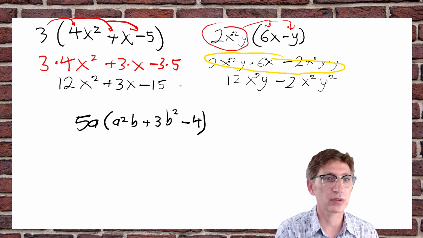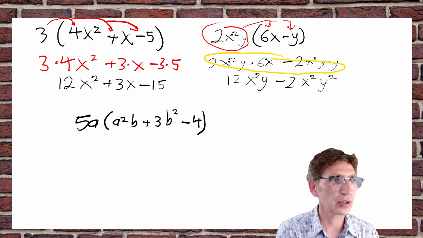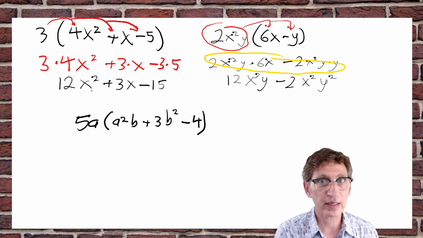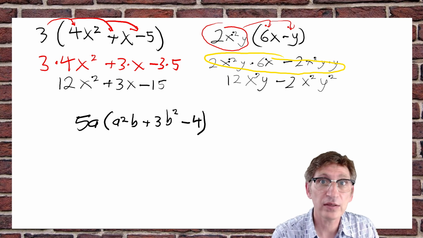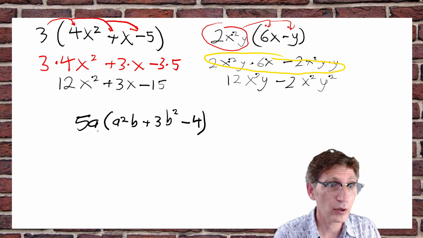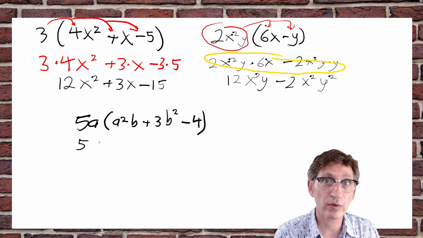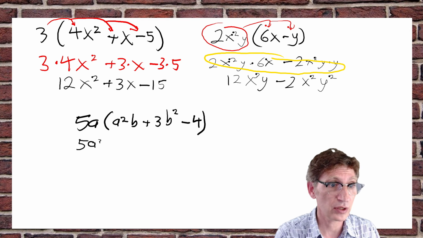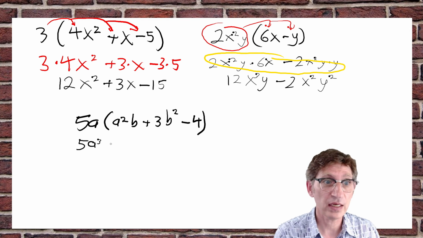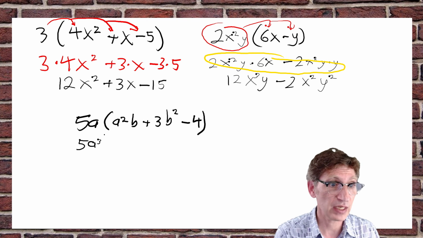Sometimes that can make things a little more confusing. I'm just going to go straight to the final step. 5a times a squared b. There are no other numbers, so it's just 5 as the coefficient. A times a squared. That's a to the third. And 5a, there's no b in that term, so I'm just taking the b from the next term.